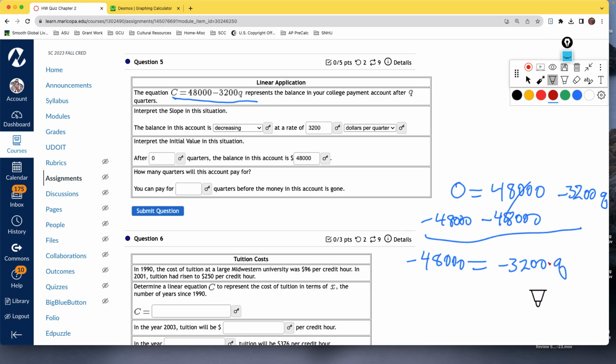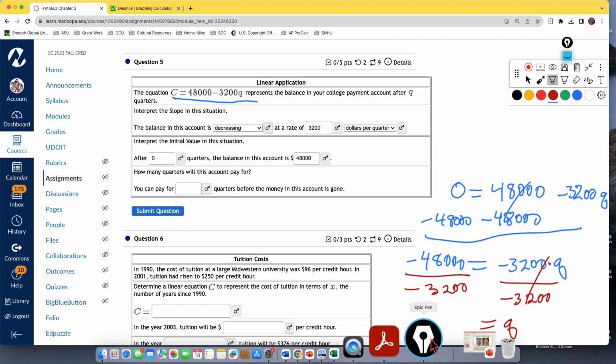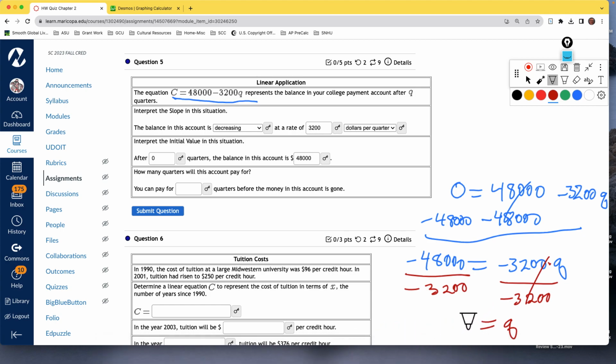Since we're multiplying, we divide. That becomes 1. And if you take 48,000 divided by 3,200, what do we get? 15. So we can stay there for 15 quarters.